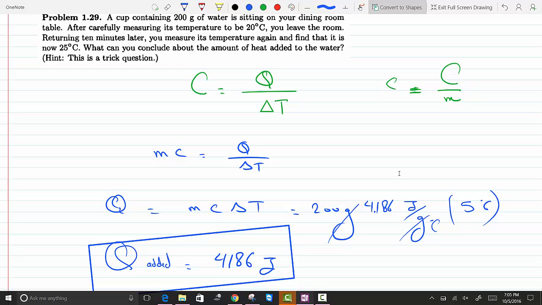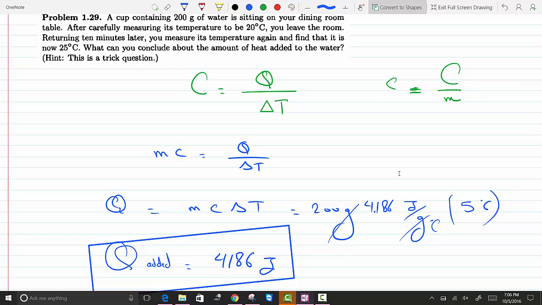But it says it's a trick question. I think it's tricky in the sense, okay, if you think about this, the specific heat is how many joules you have to add per change in temperature, per degree Celsius.